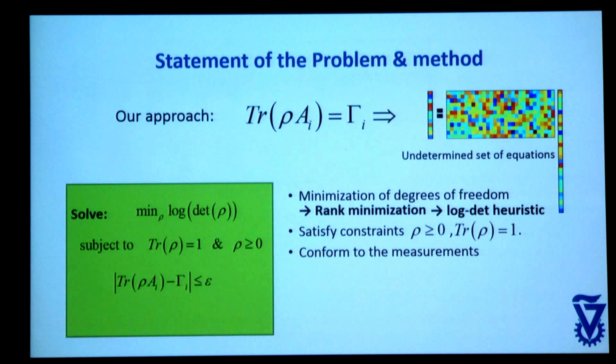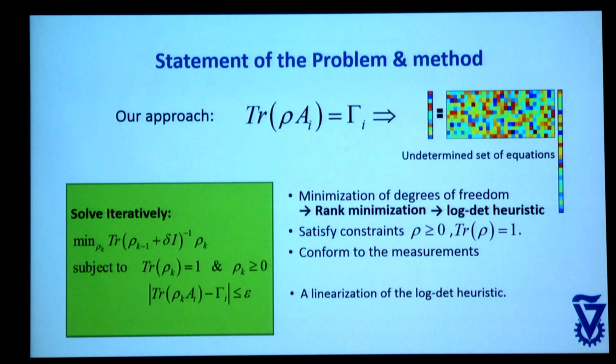And then, in order to actually solve this problem, we replace it with a linearization of the log det and solve it iteratively. So this comes from the linearization of the log det. And these are, once again, our constraints of probabilistic eigenvalues and consistency with the measurements.